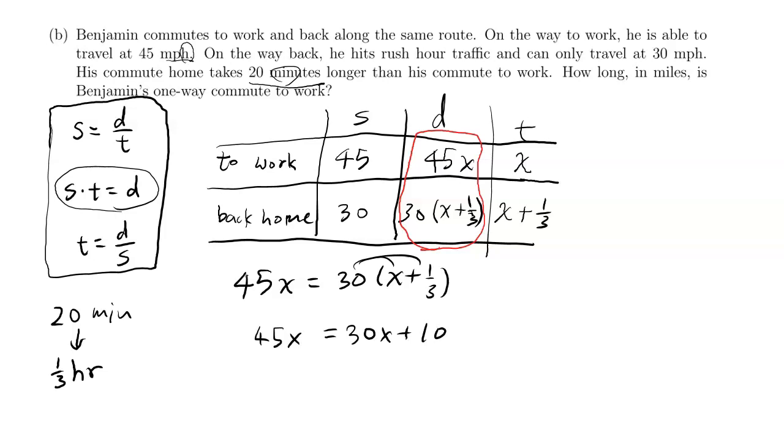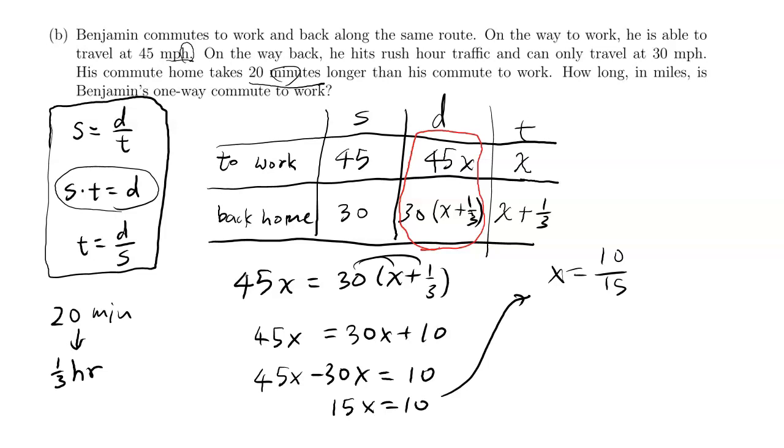So 45x equals 30x plus 10. Now subtract 30x from both sides. So 45x minus 30x is equal to 10. 45 minus 30, that's 15. So 15x equals 10, which says that x must be 10 over 15.